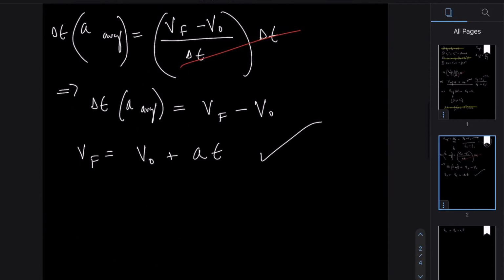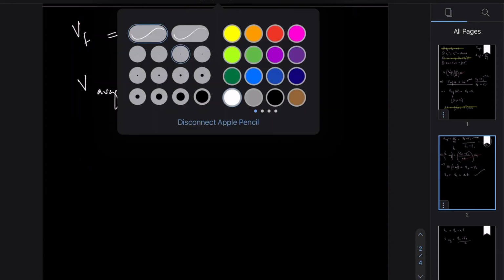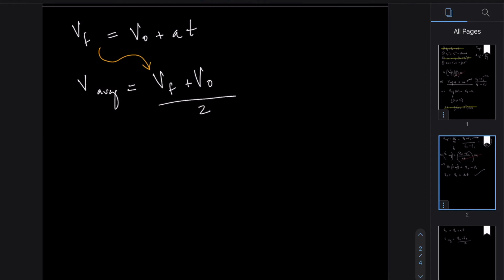And I'm going to put it up here for reference. So again, going back to average velocity, we know that average velocity is equal to v final plus v initial over 2. So we have this expression right here, and we have an expression for final velocity. So what we should do is plug it in here.